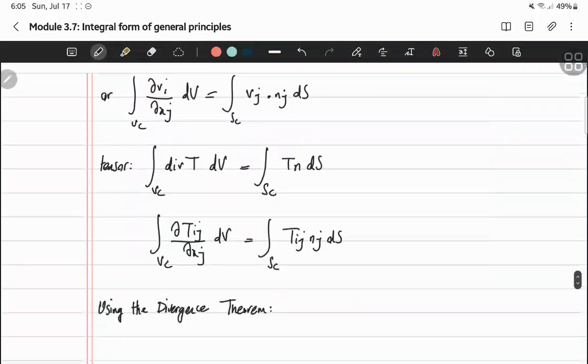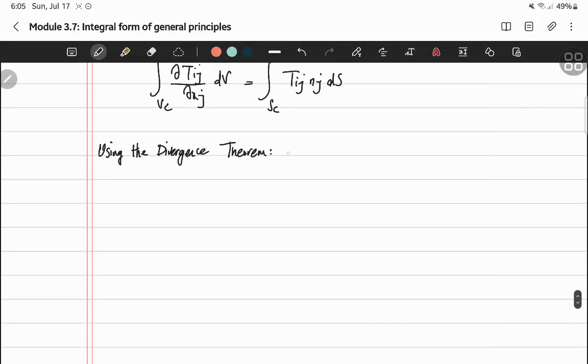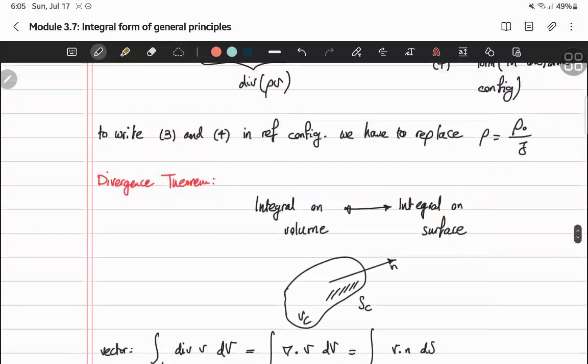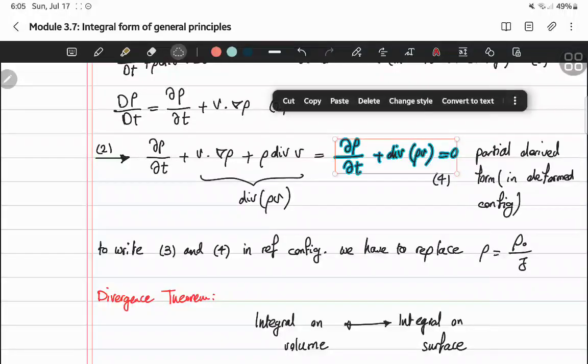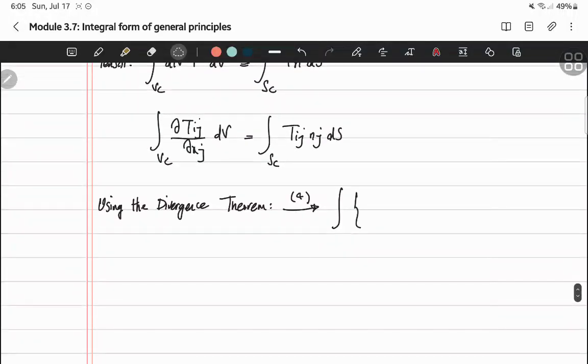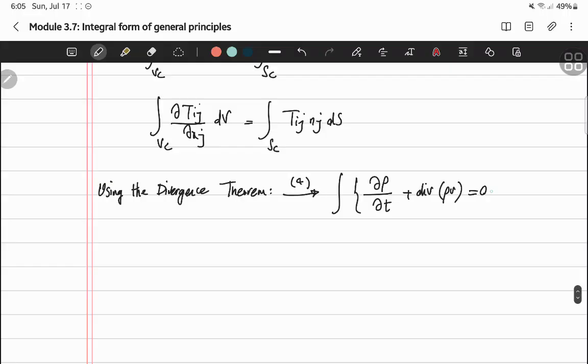This one in here. So equation 4, we had, just copy and paste it. On Vc, this is equal to 0.